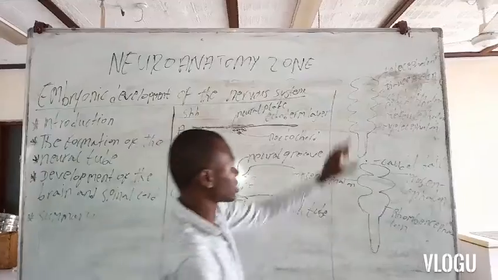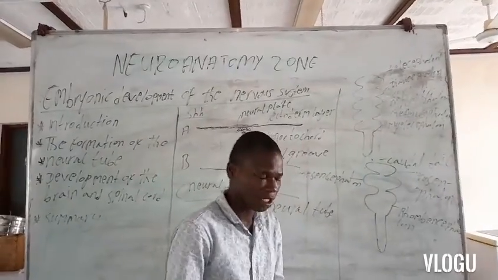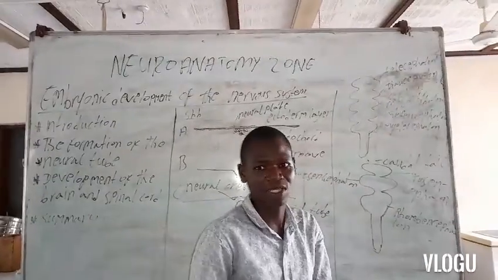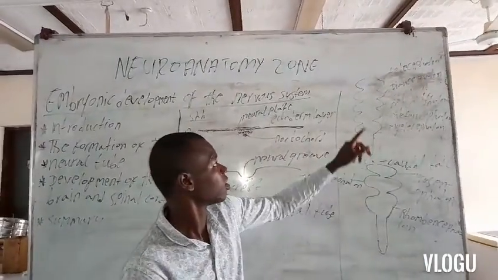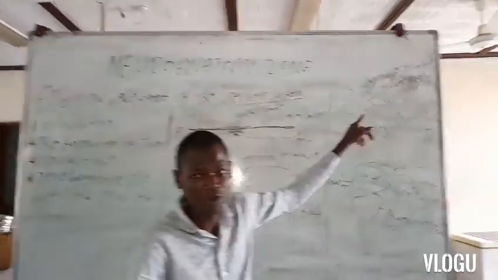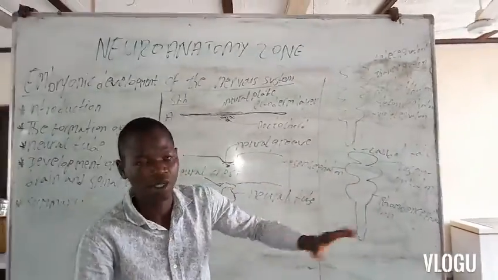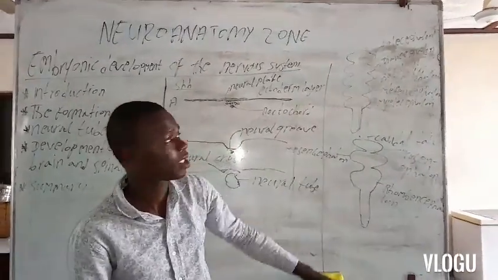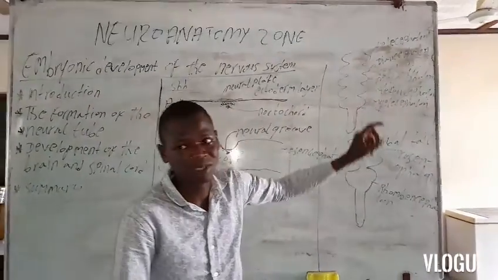So you see, the vesicle of the telencephalon forms the right and left lateral ventricles. The vesicle of the diencephalon will form, the vesicle means the hollow structure of these things, the hollow inside of these structures. Okay, the vesicle of the diencephalon becomes the third ventricle.